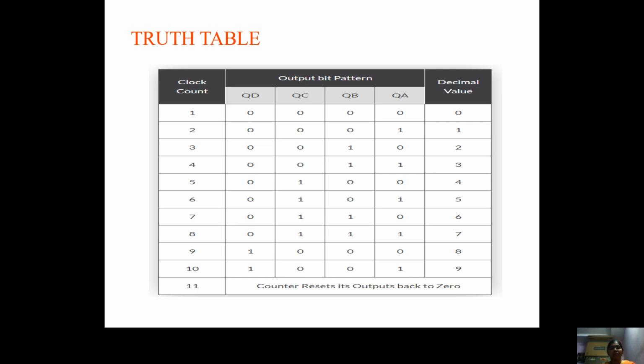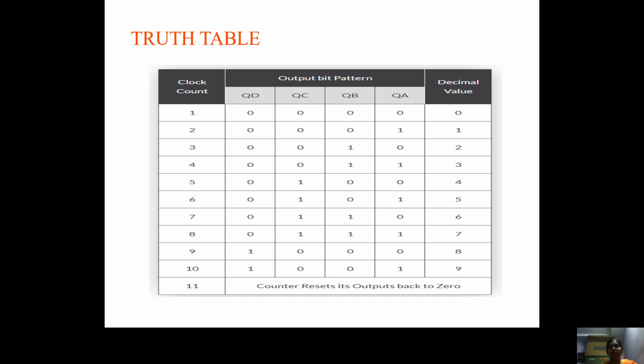On the occurrence of the 10th clock pulse, in terms of binary values, it is 1010. It will go temporarily to the 1010 state, but immediately, since QD and QA are 1 during the 10th clock pulse, the NAND gate will reset.